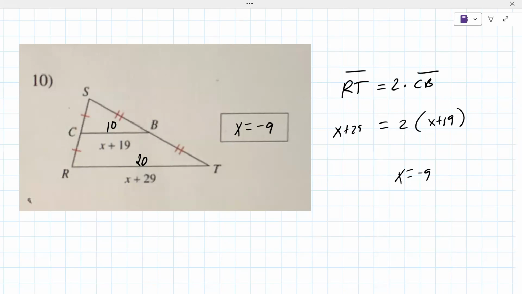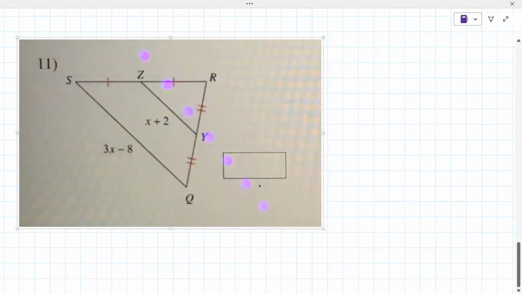Okay, let's look at number 11. So again, the longest segment SQ is 2 times ZY. So can you tell me what goes in for what variable expression?